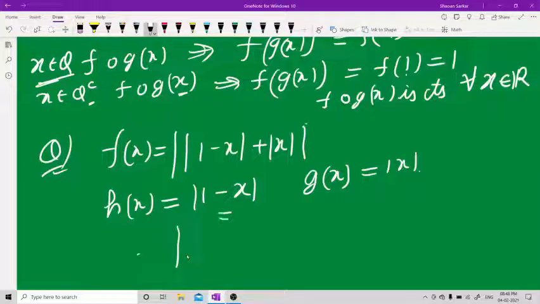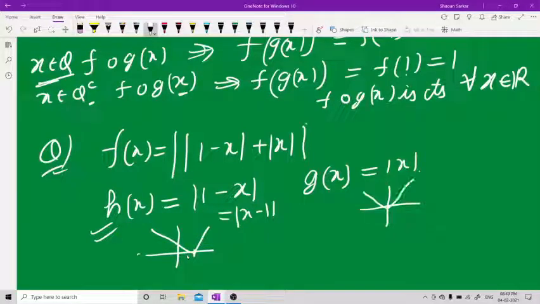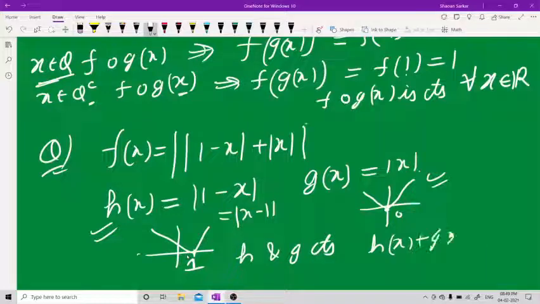This is same as writing mod of x minus 1. So the graph is somewhat like this. This is continuous, so h(x) is continuous. The graph of g(x) is like this at 0, this is at 1. g(x) is also continuous. So h and g are continuous, and h(x) plus g(x) is continuous. This is very clear.